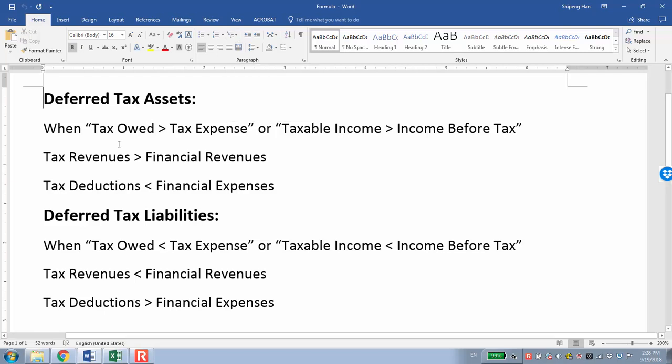If we assume expense equals deductions, tax revenue is greater than financial revenue. If tax revenue equals financial revenue, the tax deduction is less than financial expenses, as shown in the example here.